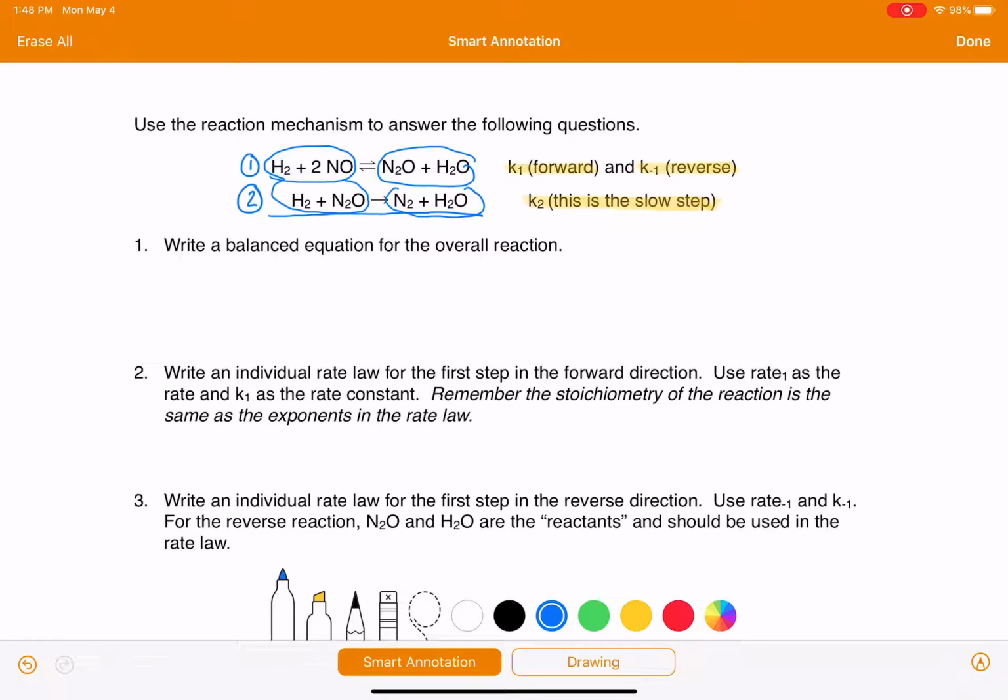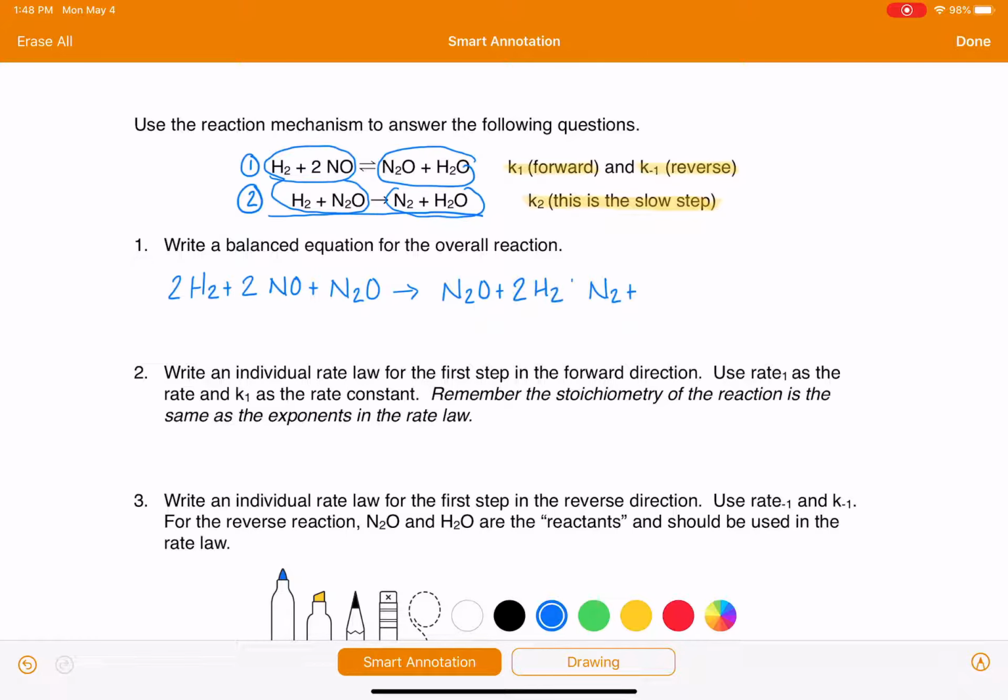So our overall reaction, the reactants are H2 plus 2NO, that's from reaction number 1, plus another H2 and an N2O, and the products of this overall reaction are N2O plus H2O, that's from reaction number 1, plus N2 plus another H2O.